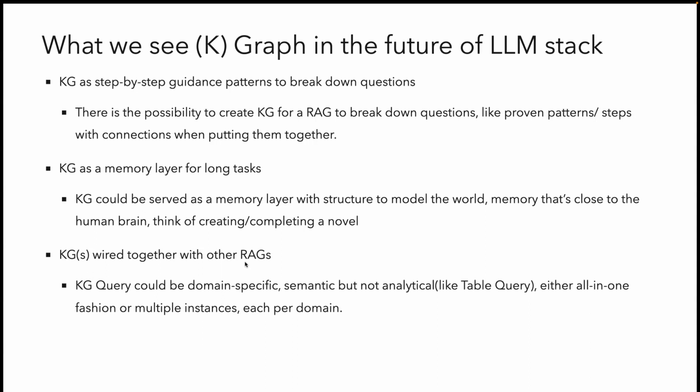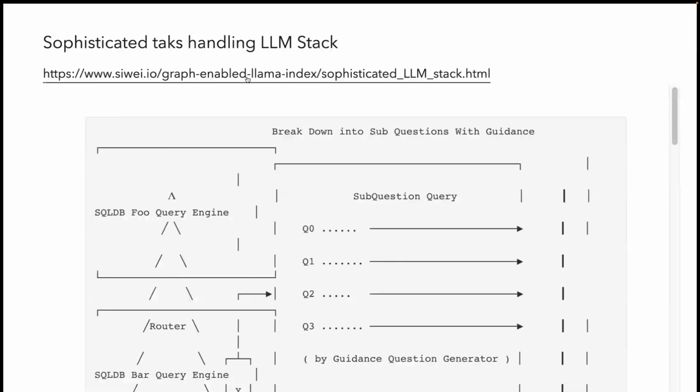So maybe we can introduce different existing knowledge graphs as some domain-specific query targets, and work together with others. Maybe some tasks are related to chart building or analytical things, so that can be where different table RAG comes in, etc.